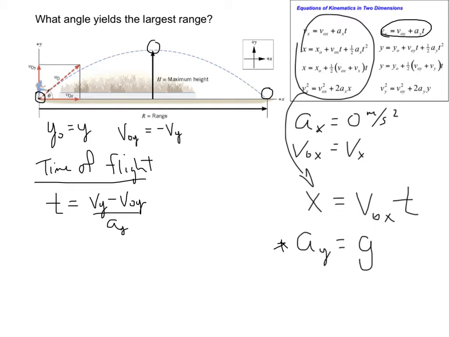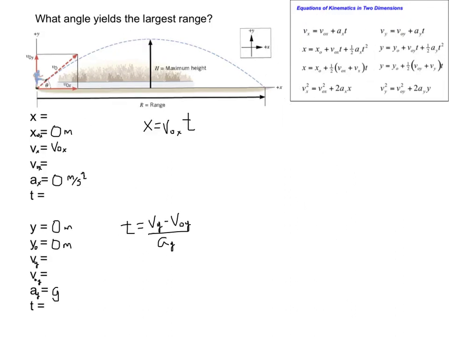So that's the time of flight, and the time of flight will factor into the range equation, which we said over to the right was simply v initial x times t. So that time in the y dimension is eventually going to make its way into our range equation.